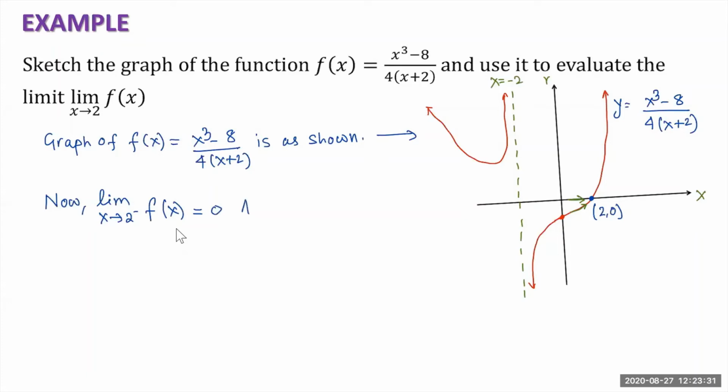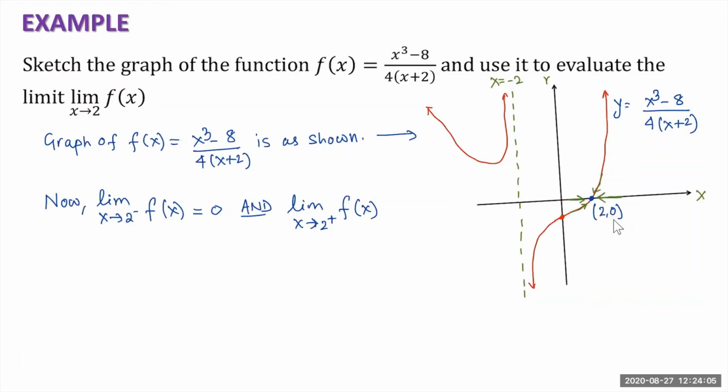And also, let's do it from the other side. The limit as x approaches 2 from the right of the function. When you approach closer and closer to x equal to 2 from the right, from this side, you can see that the function decreases and gets closer and closer to the function value over here, which is 0.